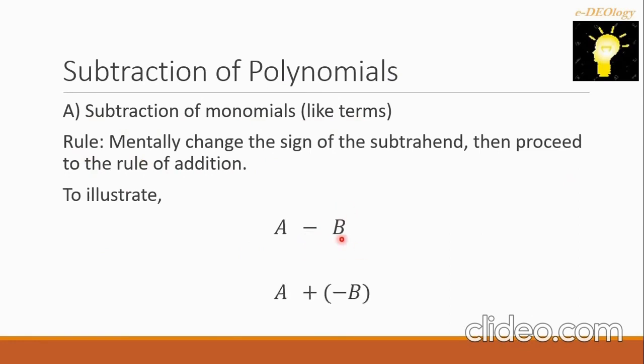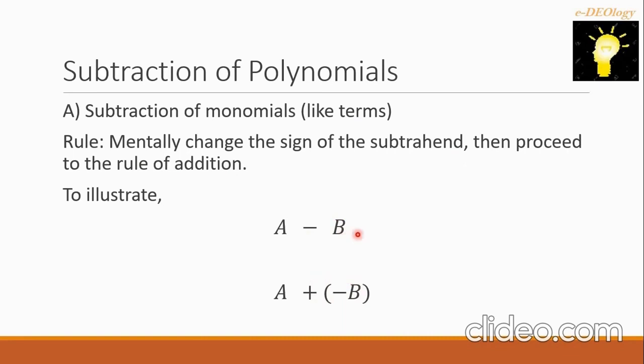What we will do, in here the b is positive, we will put the minus sign with b, and then the operation becomes addition. So it means, in relation with our rule in subtraction of monomials, suppose the b is positive. Showing this as minus b means we should change the positive into negative.